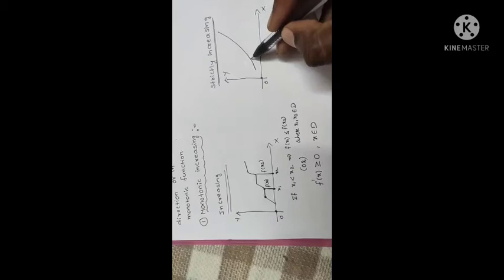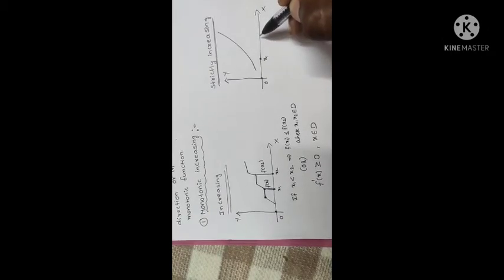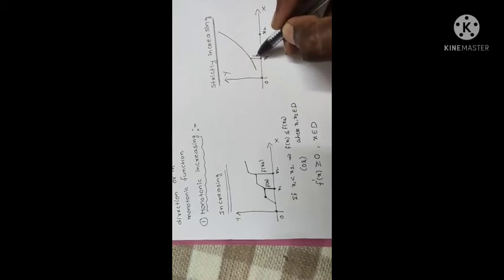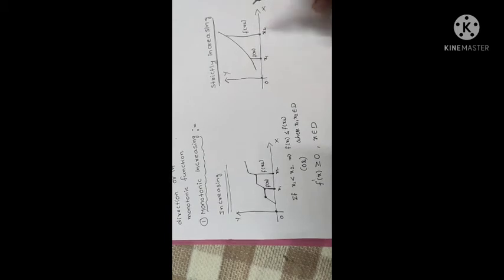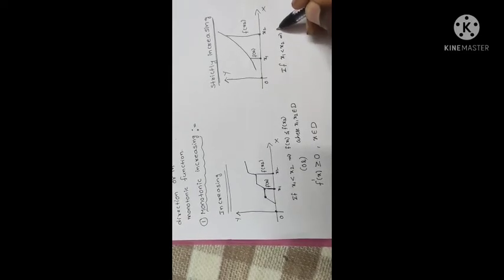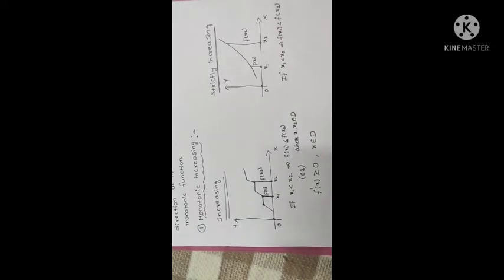Suppose you take one point x1 and another point x2, with f of x1 and f of x2. What is the condition? If x1 less than x2, that implies f of x1 less than f of x2. There is no chance for less than or equal to. Equal to will not come in strictly increasing, equal to will come in increasing.